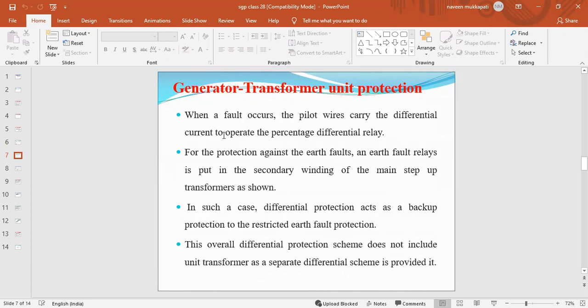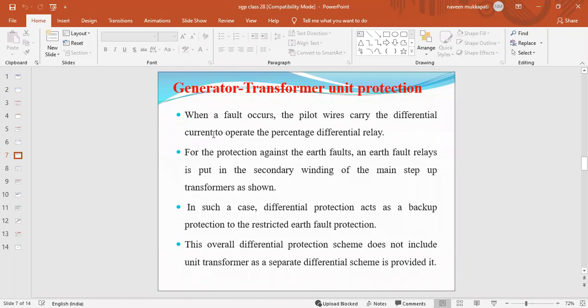That means the algebraic sum of both the CT currents, CT1 and CT2, that is I1 plus I2, does not equal zero. That non-zero current will be obtained and flows through the relay coil.